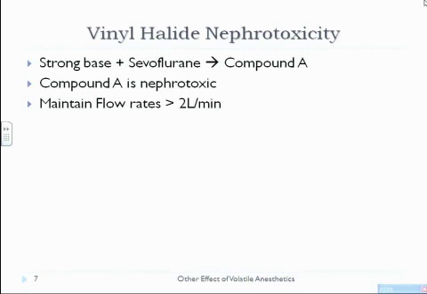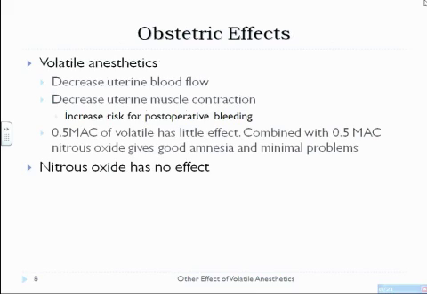He was able to go below the accepted 2 liters per minute simply because he never got to high levels of compound A. So be careful with that. Don't just go to low flow rates and not worry about it. In that situation, you may actually have enough compound A being formed to cause nephrotoxicity.